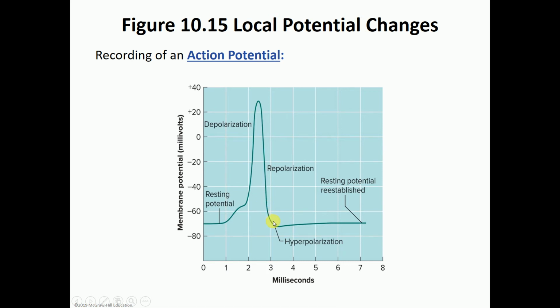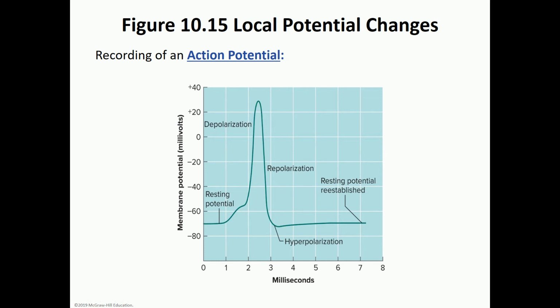We are losing a lot of these positive ions, so we go back to becoming negative, but potassium ion channels are very slow in shutting down. So not only do they go to -70, but these cells get hyperpolarized where they could go to -80, even all the way down to -90 millivolts. And that is called hyperpolarization. Again, it is due to the slow shutting down of your potassium ion channels.